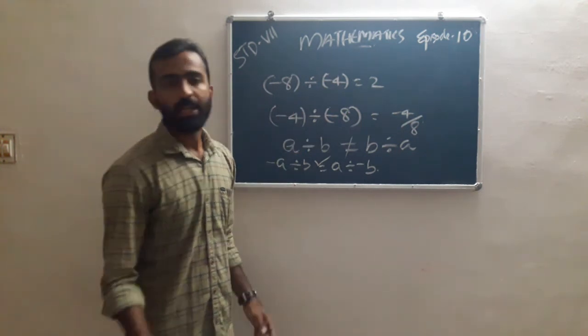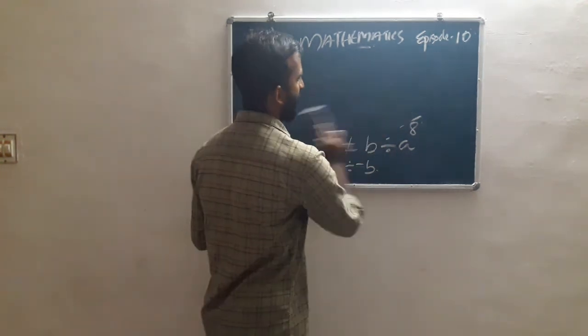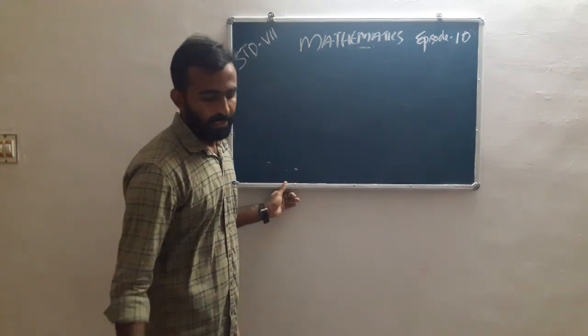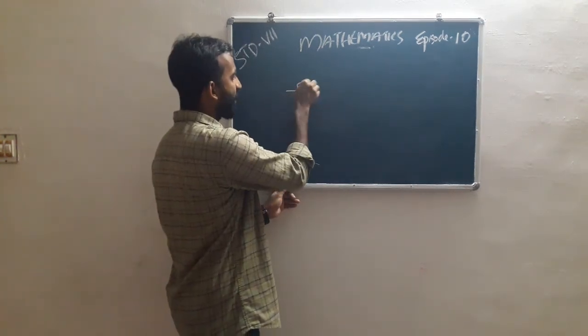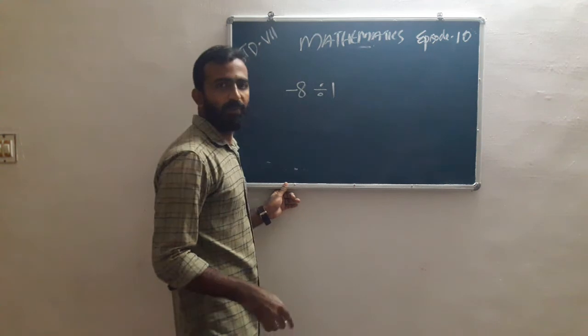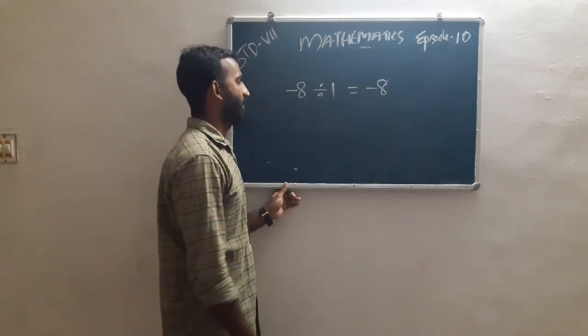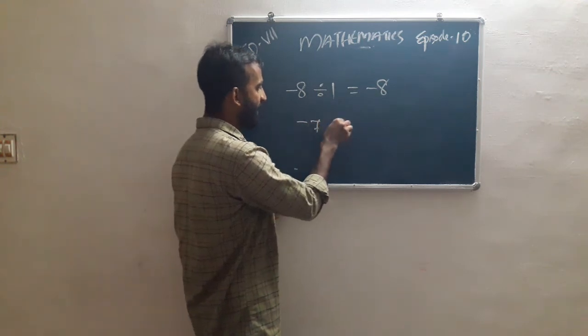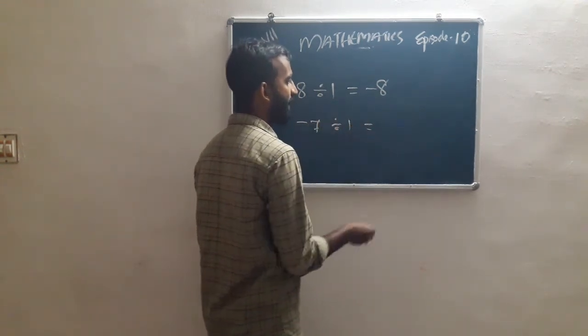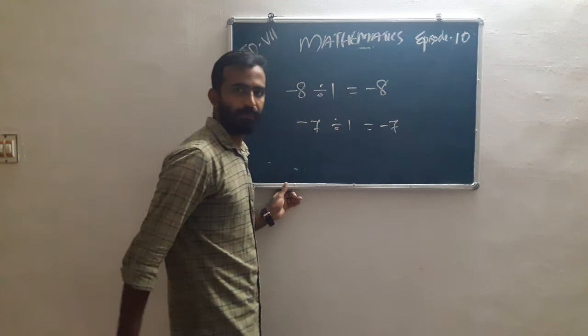And one more thing: negative 8 divided by 1, we get negative 8. And negative 7 divided by 1, we get negative 7.